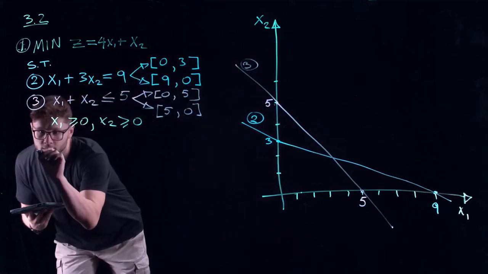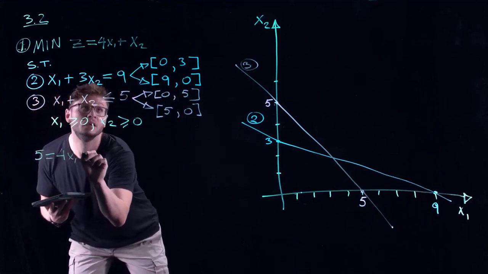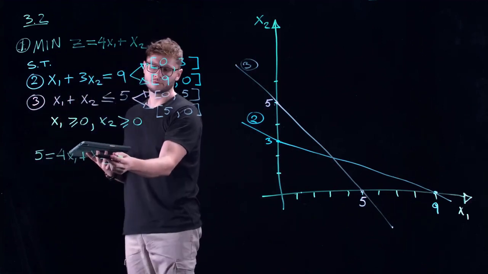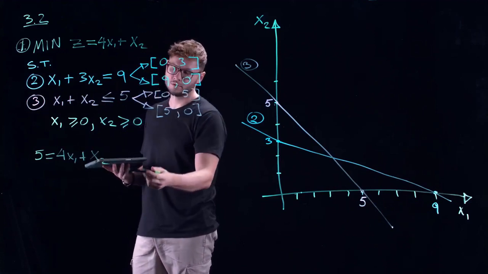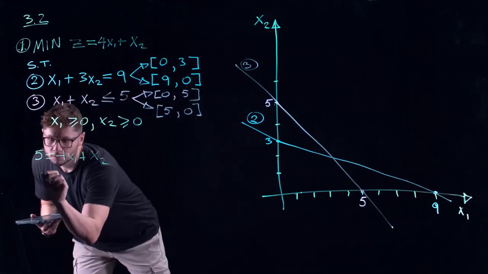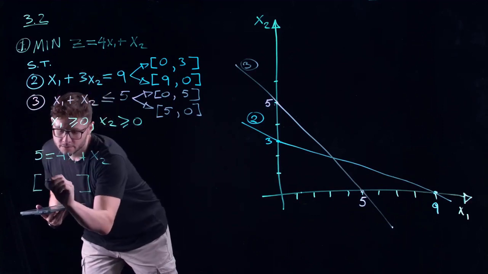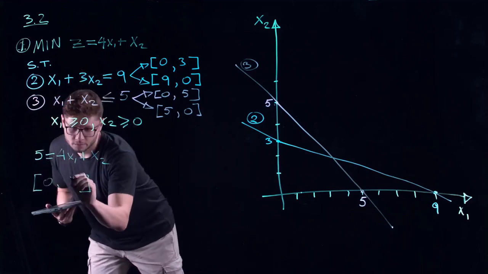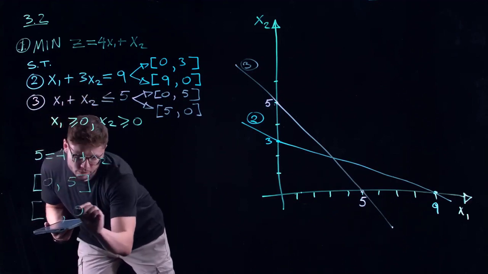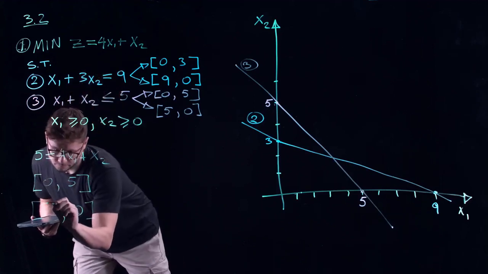If we have 5 equals 4x1 plus x2, and then we plug in 0 for x1 and then 0 for x2 and solve for the other variable, we'll find 2 coordinate points. So let's say x1 equals 0. That means x2 is going to equal 5. That's our first coordinate point. And if we have x2 equals 0, x1 is going to equal 5 over 4.